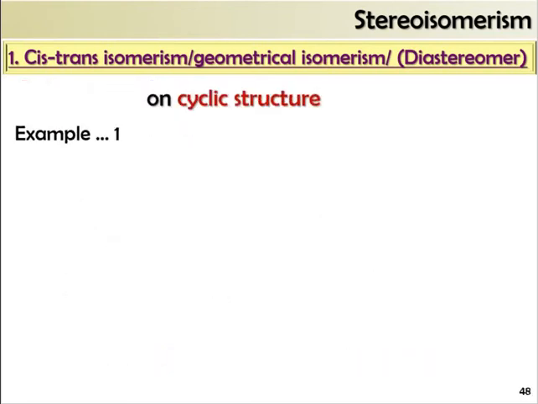Okay, so now kita tengok cyclic structure. For cyclic structure, you have to draw like this. The cyclic structure, and then the two different atoms or group of atoms, the bond mesti buat satu line macam ni. Alright.